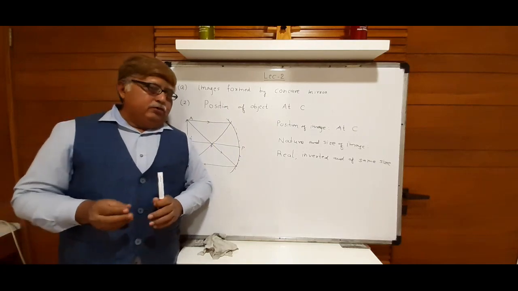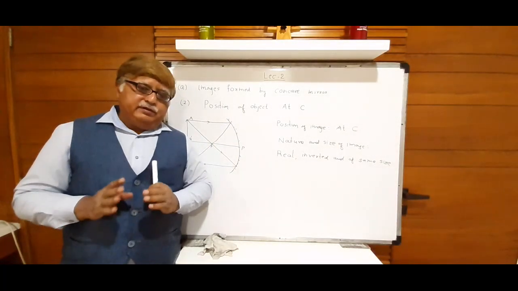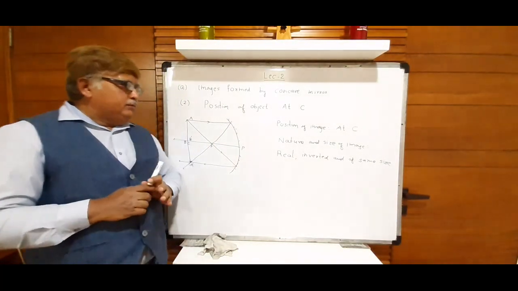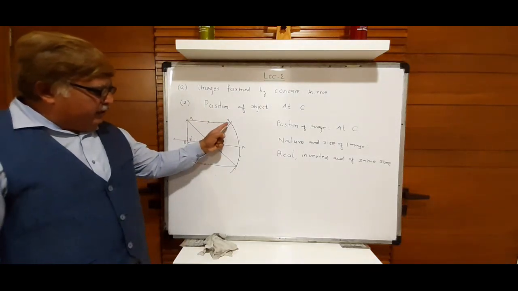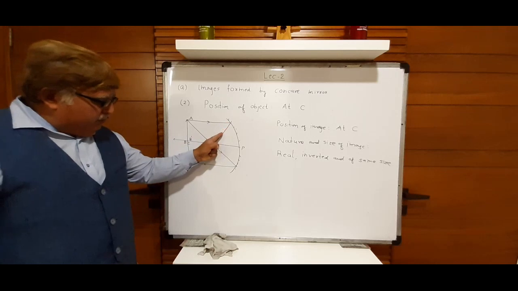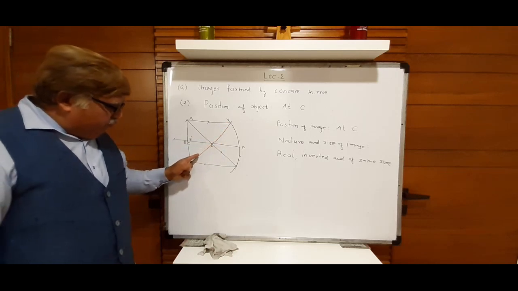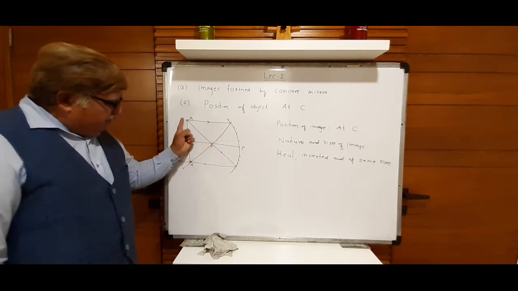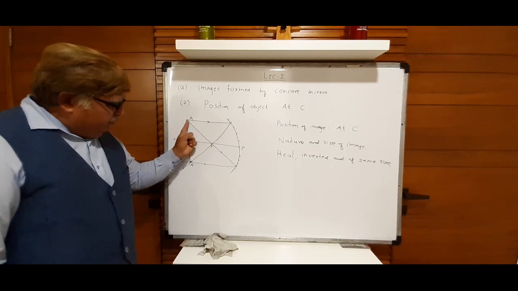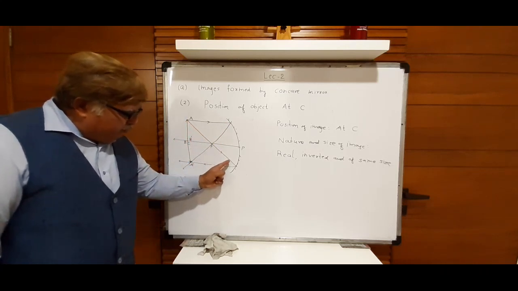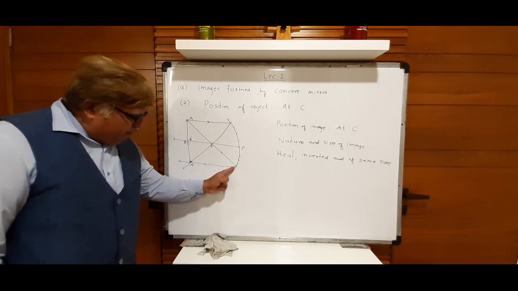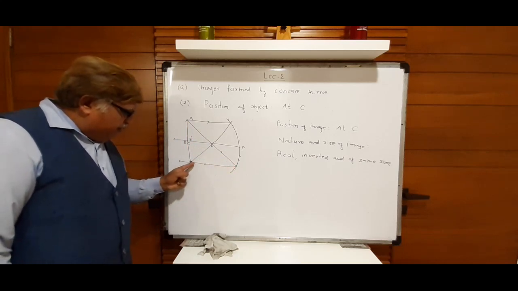Where the object was positioned at C, that is at center of curvature, which two rays do we utilize? First ray parallel, after reflection will pass through focus. Second ray emerging from object passing through center of curvature, after reflection will become parallel.